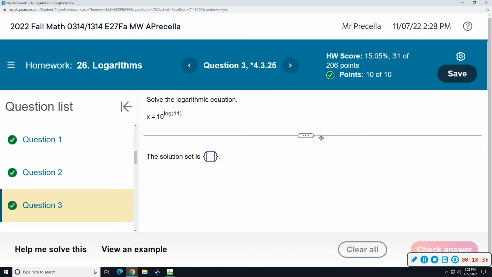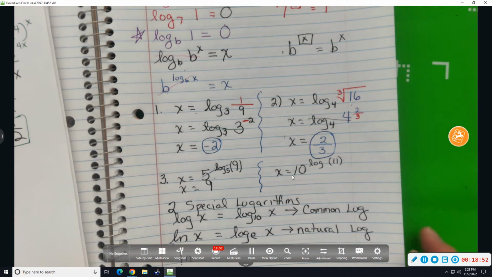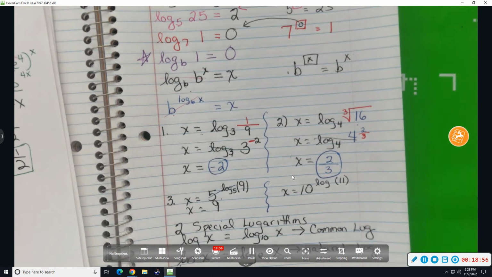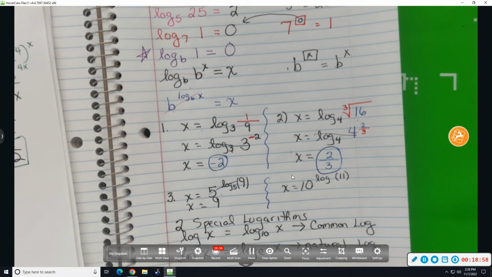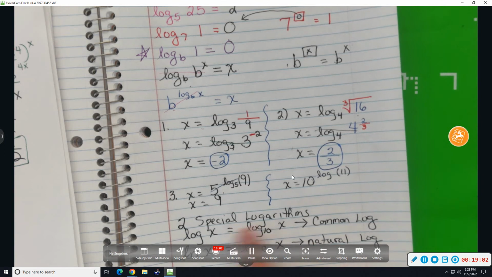It says x equals 10 to the log of what? 11? Well, oh, did I have this showing when I was writing it down? Sometimes I forget to switch the screen.